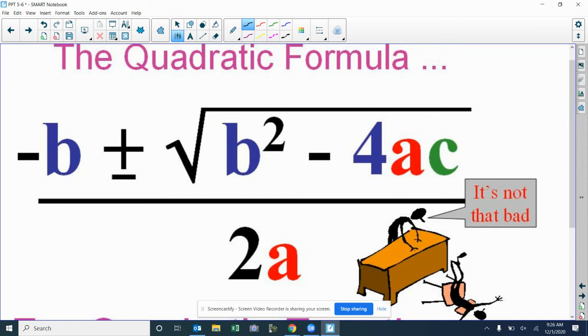Negative b plus or minus the square root of b squared minus 4ac all over 2a. It can be derived from the quadratic. And where are we getting some of those a, b's, and stuff? And that is from our standard form. Ax squared plus bx plus c equals 0.